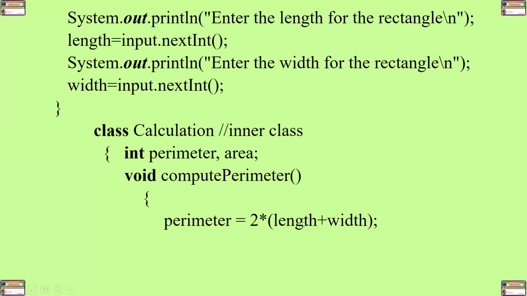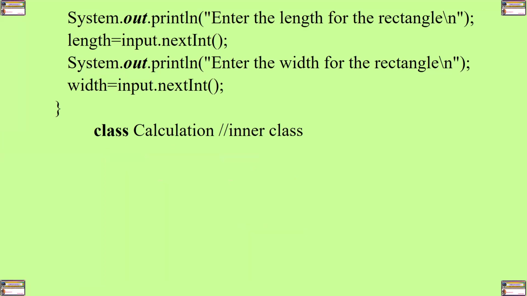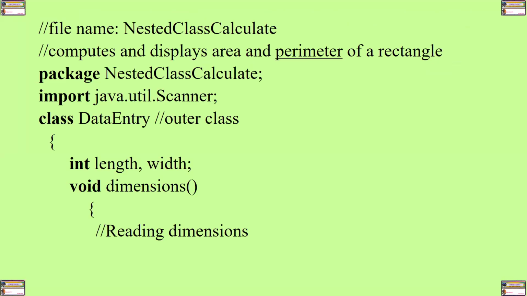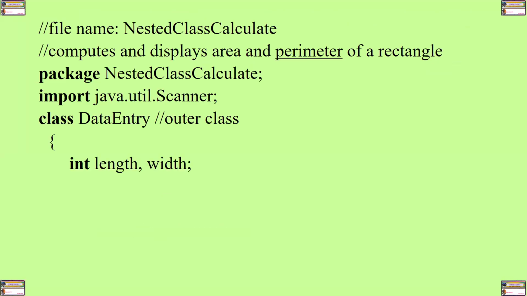Note that the value of the member called length and the value in the member called width have not been defined within the class called calculation, but have been defined outside in the outer class. The outer class here is data entry. Now, the data entry class is the one which has the members length and width.